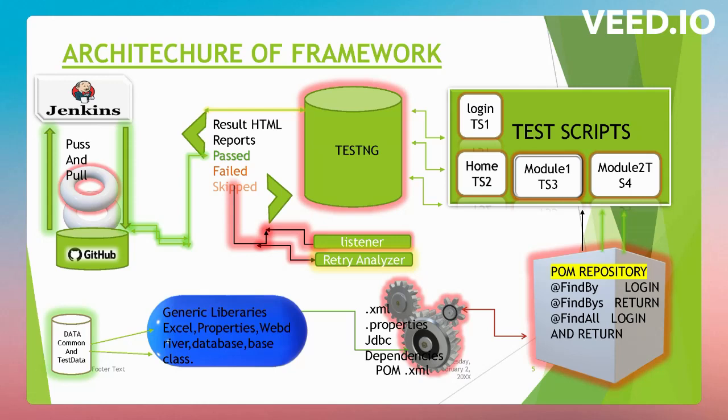After that we go to the implementation. Basically, we have common data or test data, which we put in first. After that we make a generic library where we put Excel and everything that is repeatedly used in the test scripts.